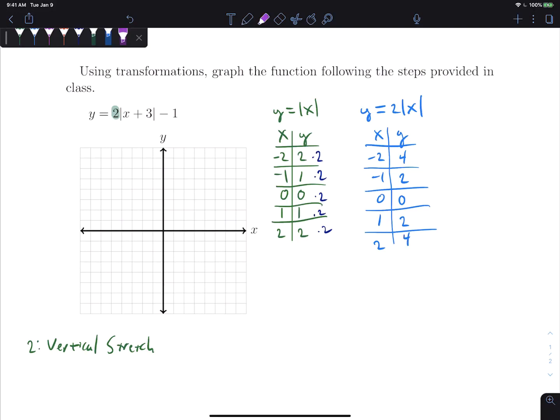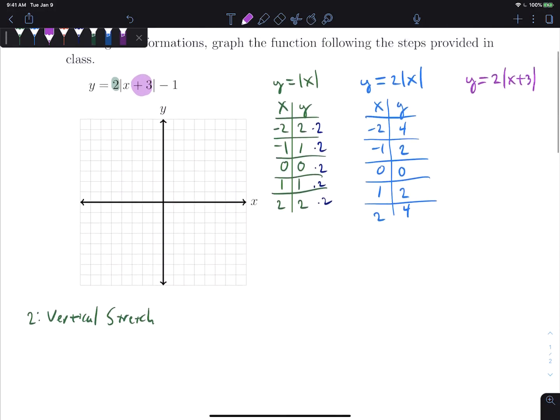Excellent. Next, we have this plus 3 right there. Now that plus 3 is inside the absolute value, which means that we're going to look at the 2 times the absolute value of x plus 3. Now that plus 3 is a horizontal, and in this case, because it is plus, that is a shift. But because it is inside, we always use the opposite, so that makes that a -3 horizontal shift.